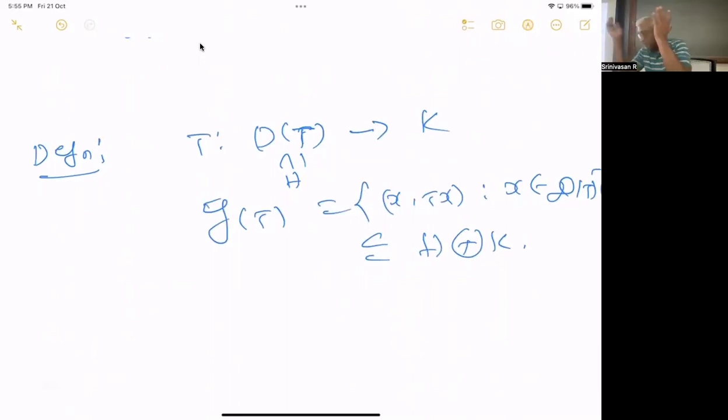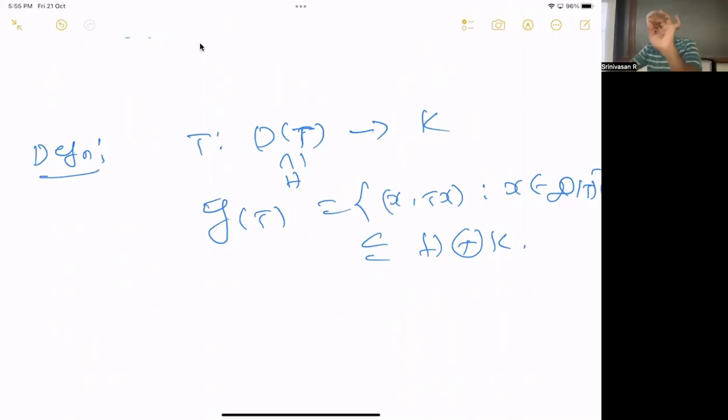So the point is, if you know the graph of T, then you know the operator. Graph of T is a subspace of H direct sum K. Okay. If you know that subspace, you know T, right? You know all the elements x, Tx. So you know what is the domain. You just project it onto the first coordinate. That is the domain.